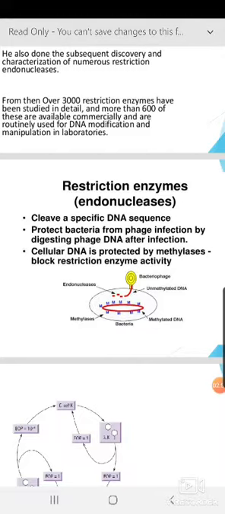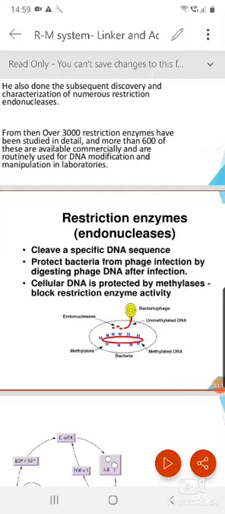Otherwise, if a bacterium has a restriction endonuclease, why does it not chew its own DNA? The answer is that bacteria have another protection method. DNA methylases are there. They methylate a specific position of their own DNA, and that's how they block the restriction enzyme activity.